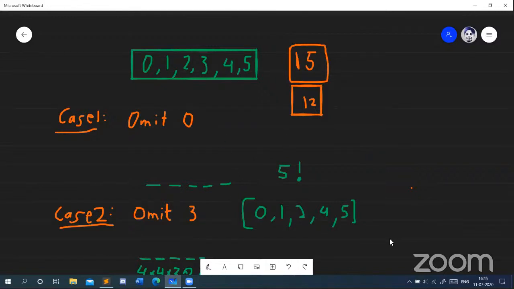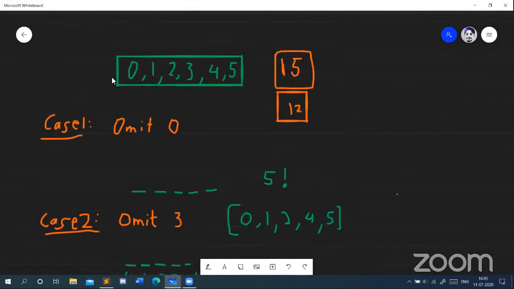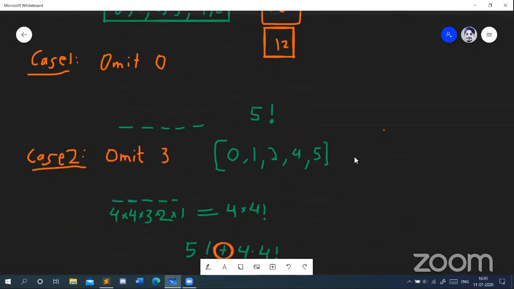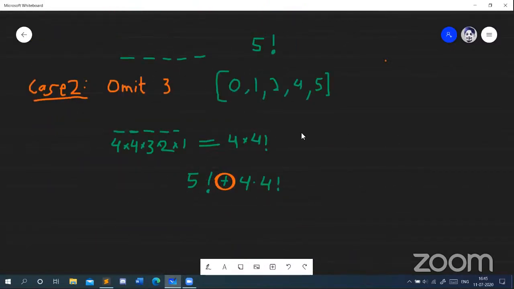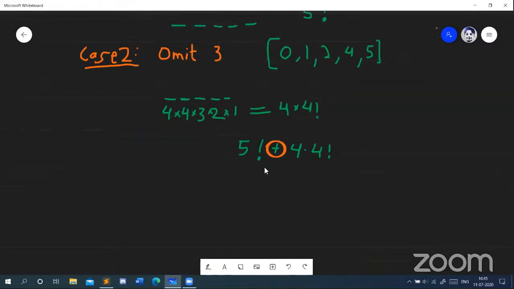These are disjoint events. So fundamentally, I split my event into two disjoint events, and therefore I use the addition operator to count their cardinality. So I hope this part was clear.